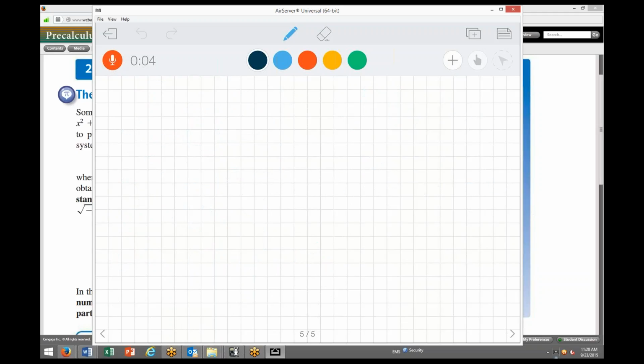Now, we understand i, and we understand multiples of i. Well, finally, the world of complex numbers then consists of where we have a real part and an imaginary part added together. And this is what we call the standard form of a complex number.